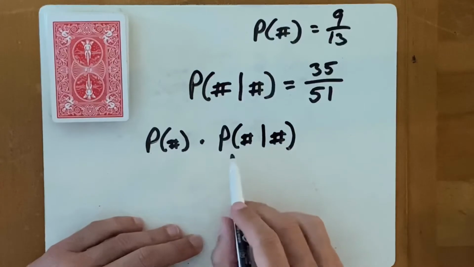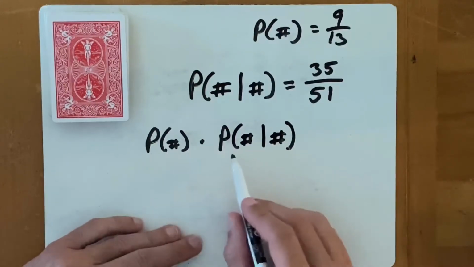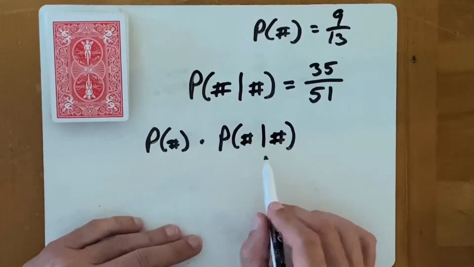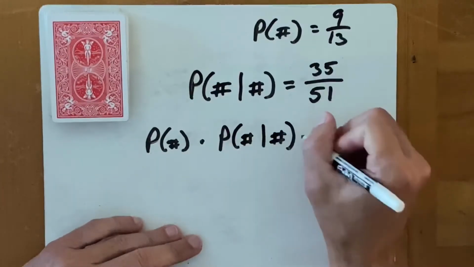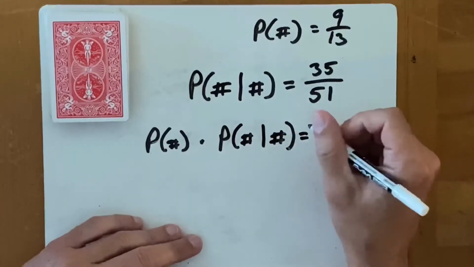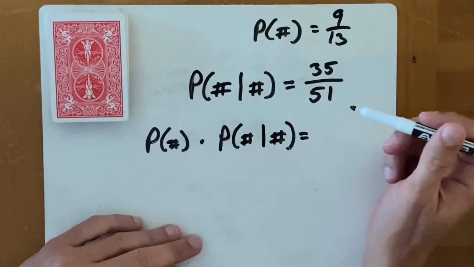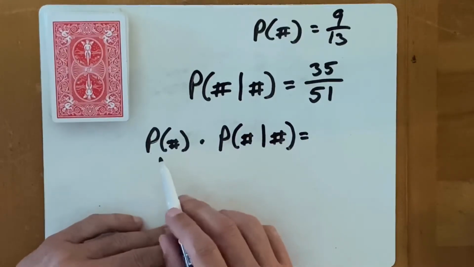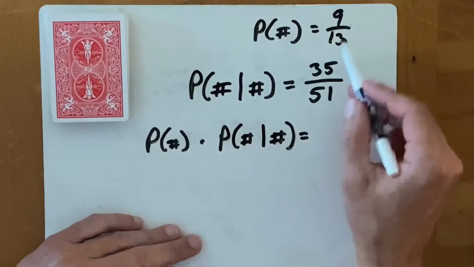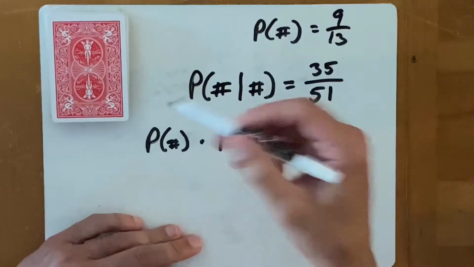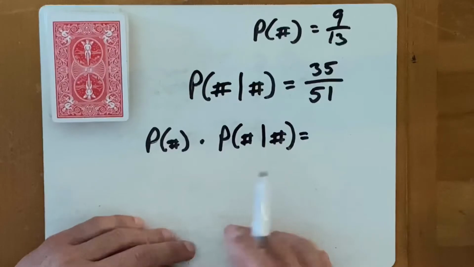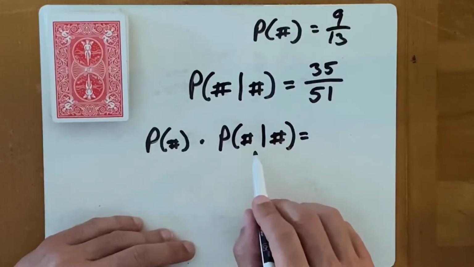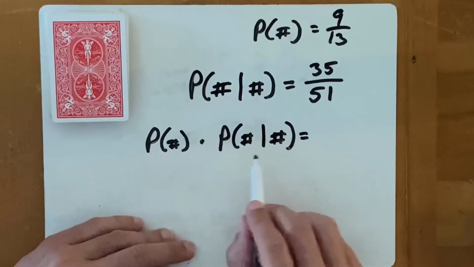That's your basic probability, that's your conditional probability, and now I'm going to multiply them together to get my final probability of this dependent event. If it was independent, then I would simply multiply the same probability, 9 out of 13, times itself, because the probability would be the same both tries. But this one, I did leave it out, and so now we've got to multiply by the conditional probability.